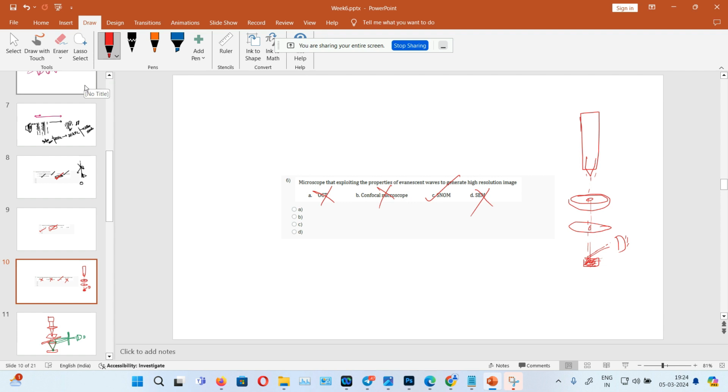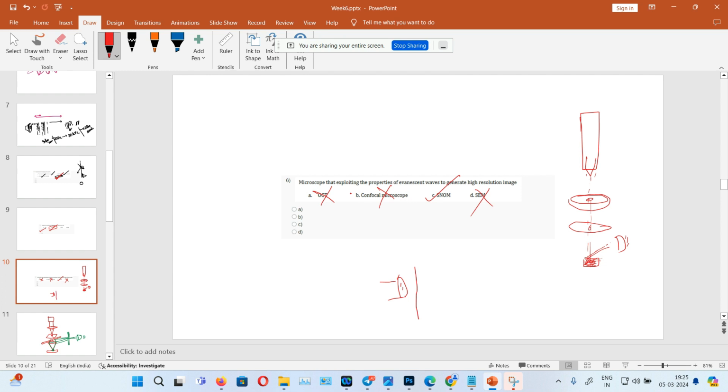So in this one, what is happening? Near field is the place where you are using a light source very near to that field.